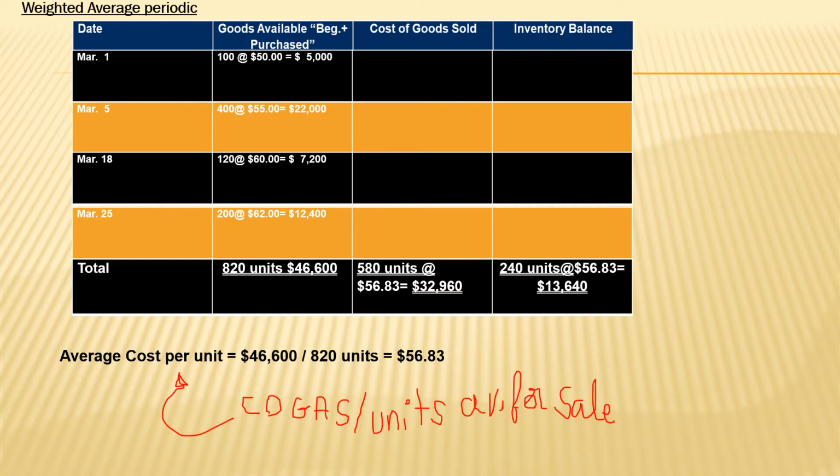So the most important part we need to know here, that the average cost per unit is equal to cost of goods available for sale divided by units available for sale.